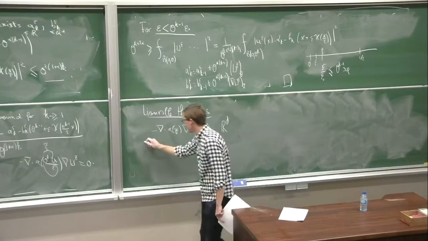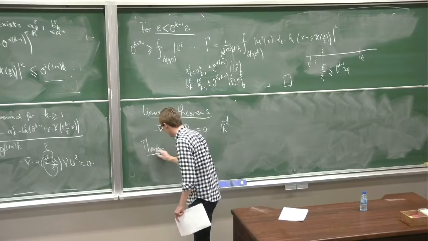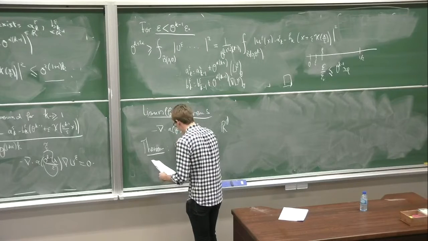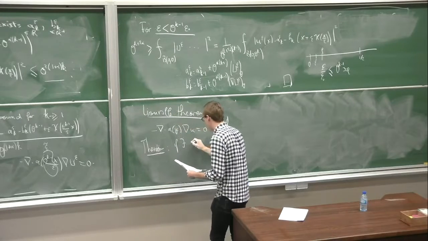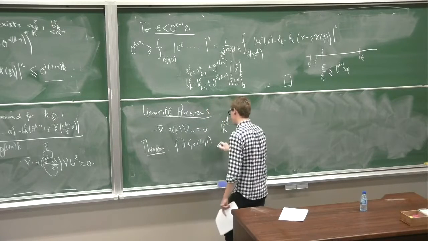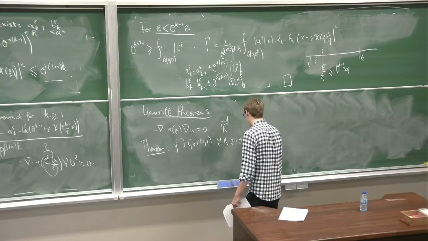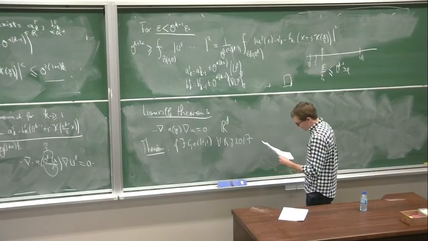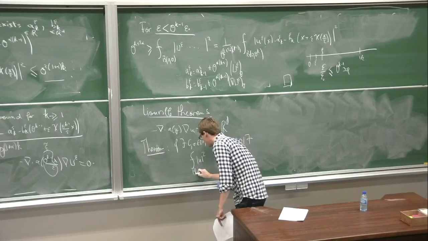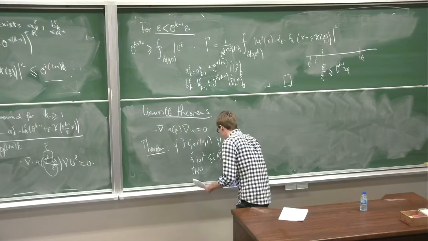So the theorem is the following. If there exist constants C and sigma in (0,1) such that for all R bigger than some threshold, the mean of u squared over B(0,R) is bounded by C R^{2 sigma}.